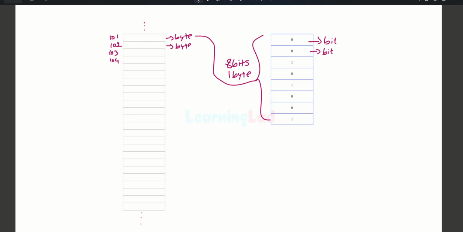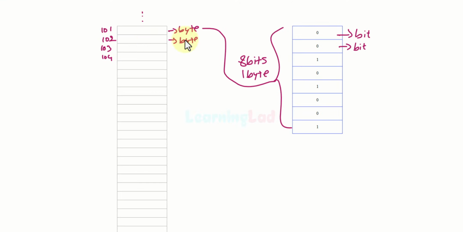In the previous tutorial, we learned about bits and bytes. Let us say this is a snapshot that we have taken from the memory, where every cell is a byte, and every byte has 8 bits, as we can see here.